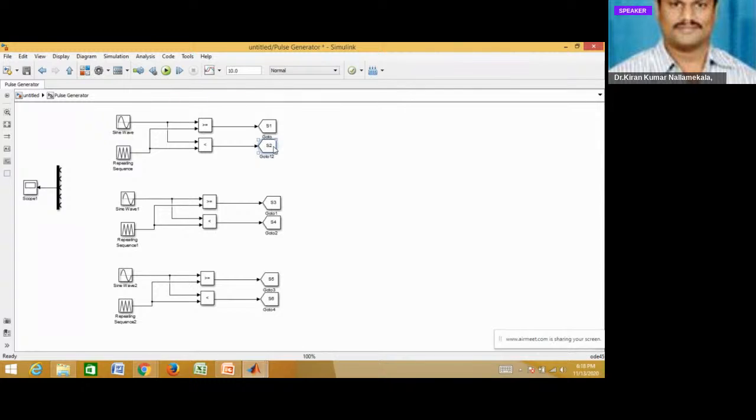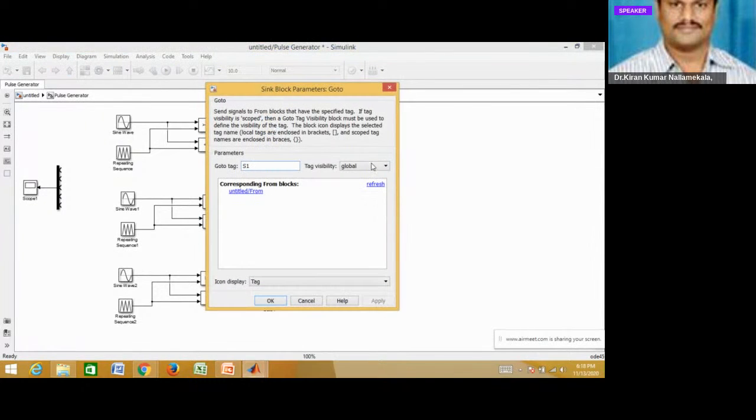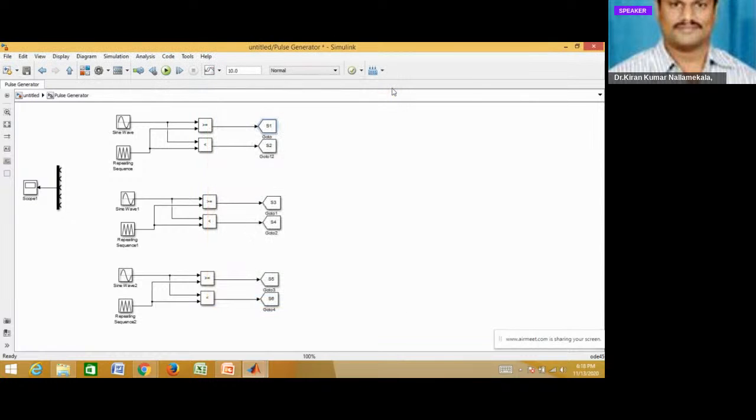One more thing you have to remember here is, when you click on this block, you have to select global if you use a subsystem, that is, if you pass the same signal from one system to another system.